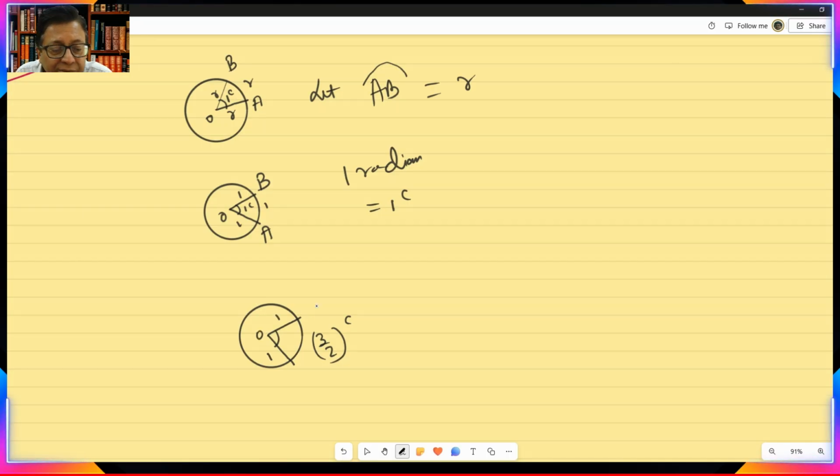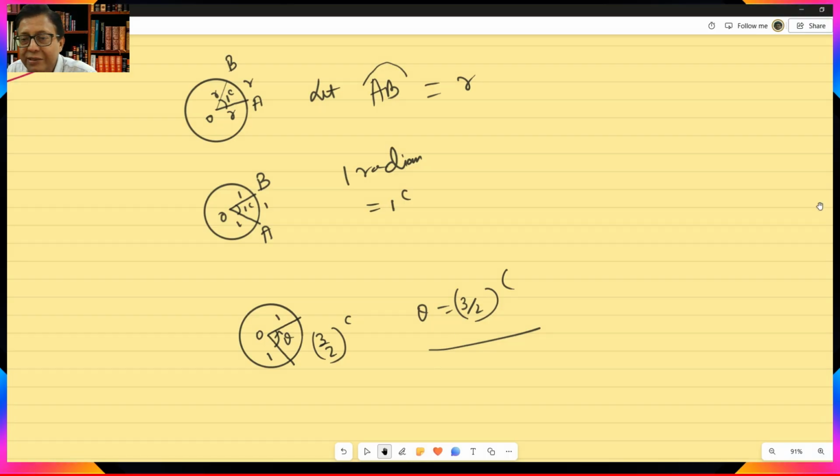This will be 3 by 2 unit. Okay? Then the angle theta will be 3 by 2 radian. Okay? We have taken the sense of rotation in anticlockwise sense. That's why it is a positive angle, plus 3 by 2.